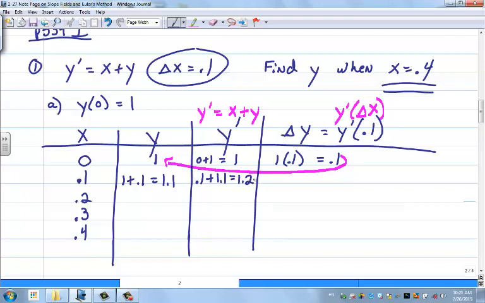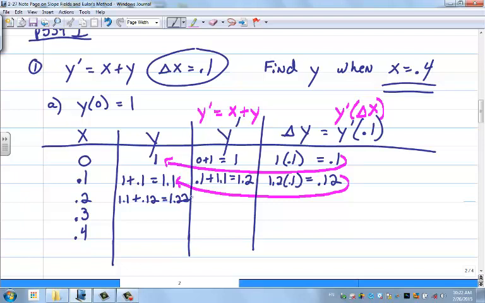And then to get delta y, again, I'm going to do y prime times 0.1. So I do 1.2 times 0.1, and I get 0.12. What's next? Well, I take that and I add it to my old y. So when I add it to 1.1, I say 1.1 plus 0.12 is equal to 1.22.